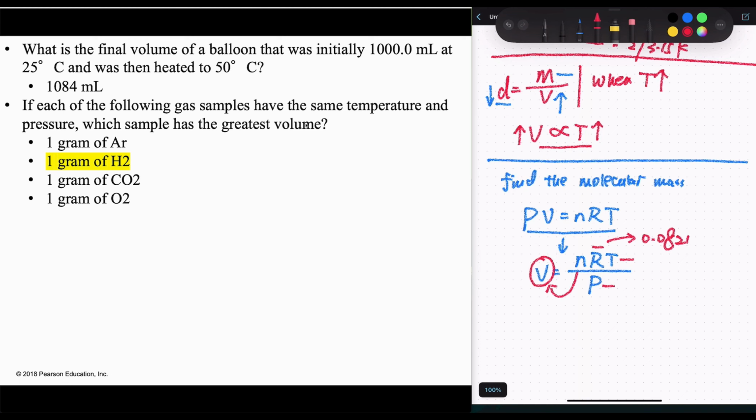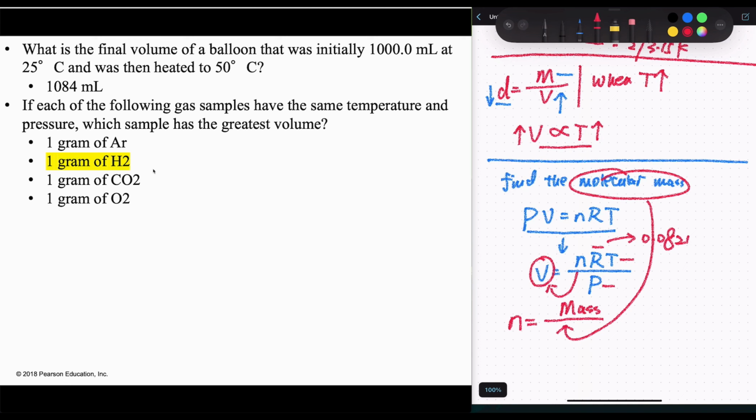So we just need to figure out which of the four samples has the most moles. Although they have the same mass, their amount in moles will be different because their molecular masses are different. To get the amount, we use the mass divided by the molecular mass.